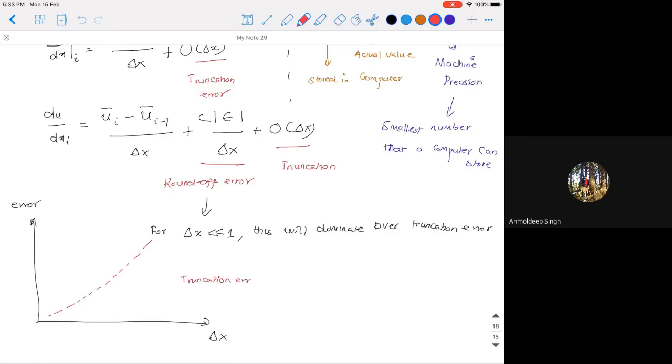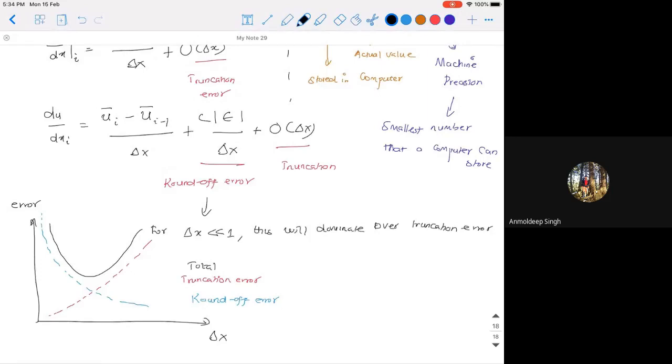Round-off error shoots up for very small values of delta x, and then it starts reducing for larger values. And the total error looks something like this. This is why if you reduce the mesh spacing beyond a certain value, round-off error dominates and the total value of error increases.